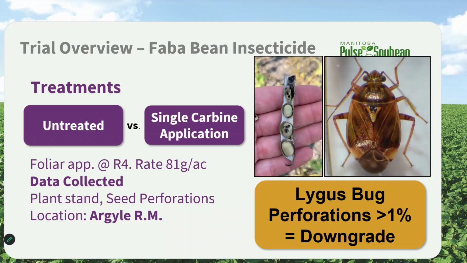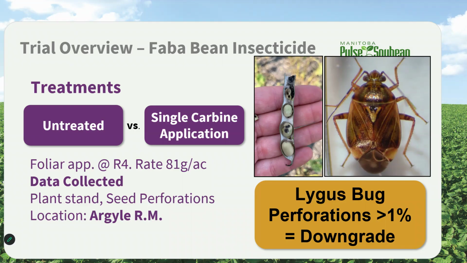But economic thresholds are not well established for fava beans, though some agronomists suggest a low threshold, as few as 5 lygus bugs per 10 sweeps during the early pod stages. I'll note that lygus bug perforations below 1% do downgrade the seed from a number 1.